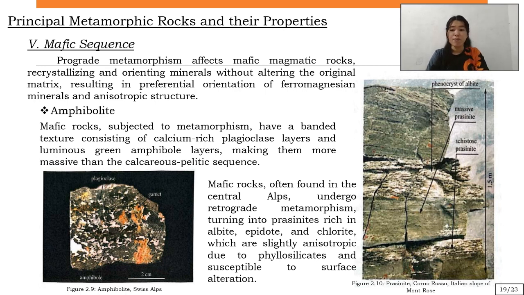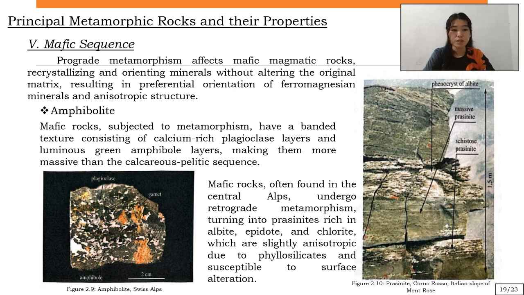So amphibolite: mafic rocks subjected to metamorphism have a banded texture consisting of calcium-rich plagioclase layers and luminous green amphibole layers, making them more massive than the calcareous pelitic sequence. Mafic rocks often found in the Central Alps undergo retrograde metamorphism, turning into prasinites rich in albite, epidote, and chlorite, which are slightly anisotropic due to phyllosilicates and susceptible to surface alteration.